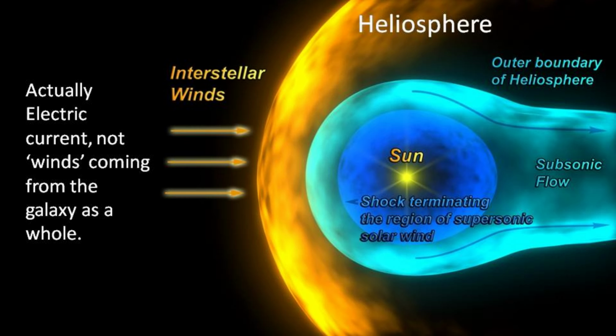And one of the things that's been discovered, and Donald Scott has talked a lot about this, is the field between the current, the sun, and the outer parts of the solar system. The sun is surrounded by a bubble. We call it the heliosphere. That's the sphere of influence of the sun in the universe.